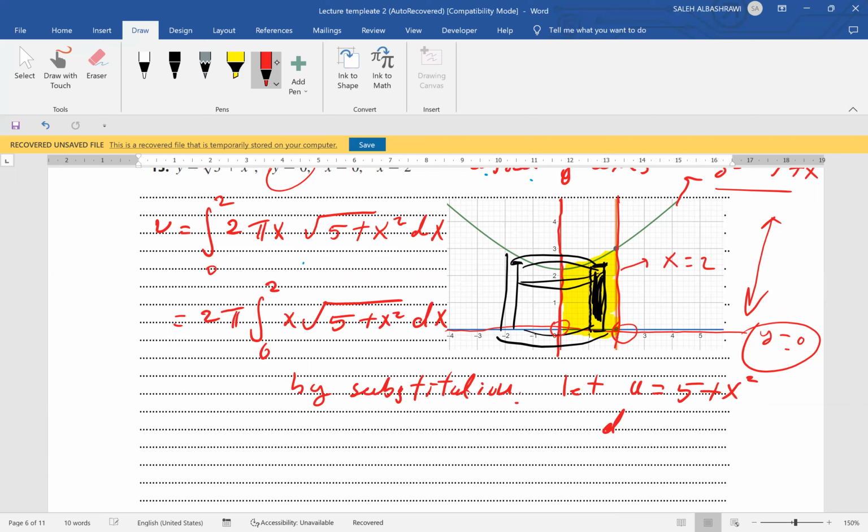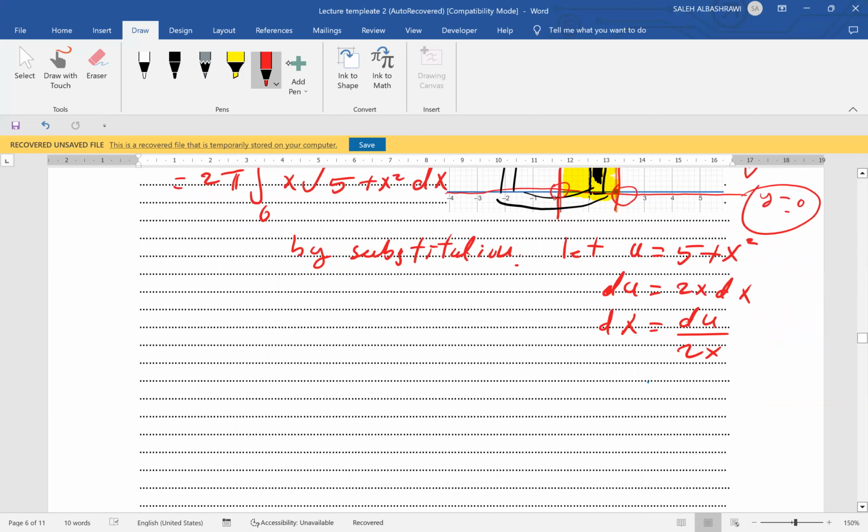Then du will be 2x dx, or dx is equal to du over 2x. So the integration now will be equal to 2 pi x times u to the power 1/2 times dx, which is du divided by 2x.